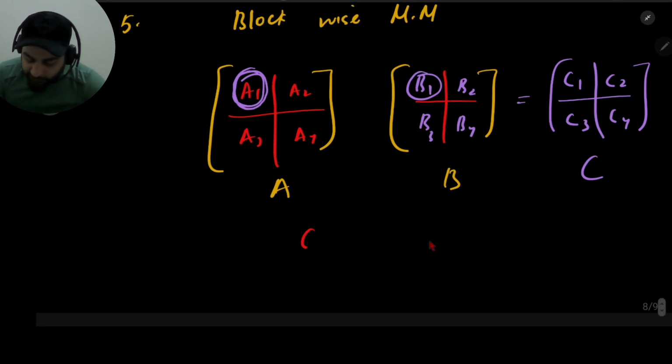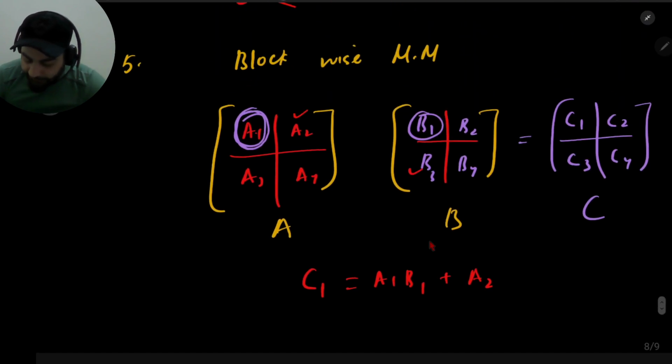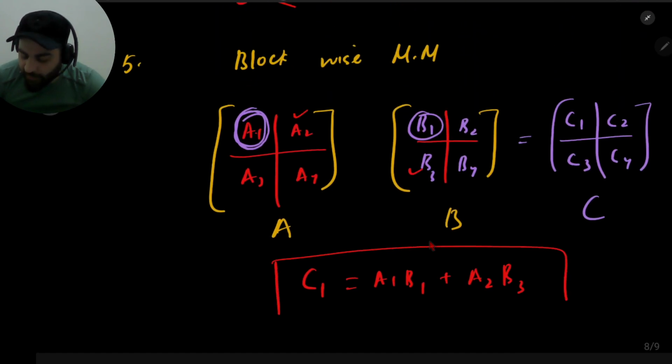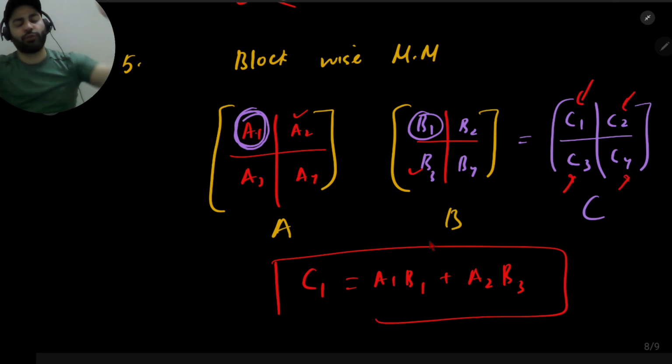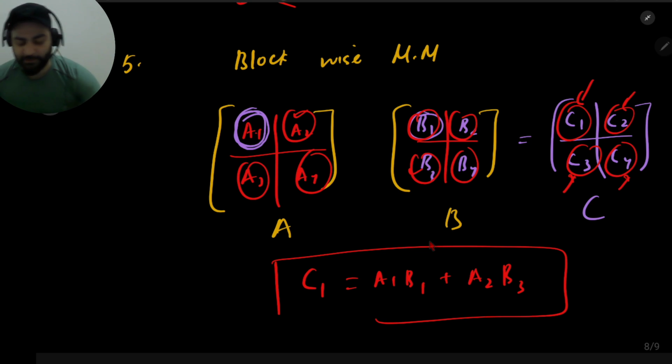In order to get C1, we'll multiply A1 with B1, plus A2 with B3. This is how we'll get C1. Accordingly we'll get C2, C3, C4. So if you have a huge matrix and want to do blockwise matrix multiplication, you can convert A and B into blocks and get the blocks of matrix C. Is the blockwise matrix multiplication clear? Why did I show you so many ways?